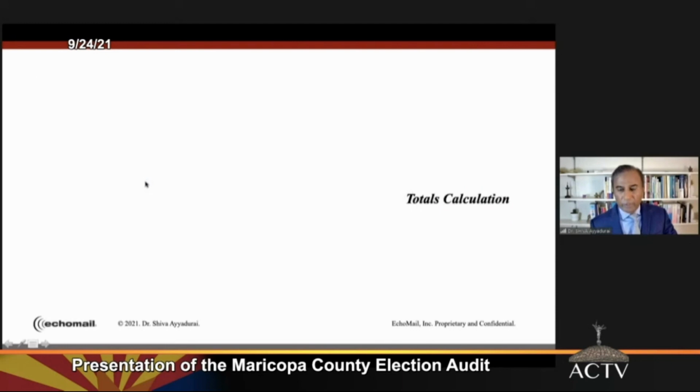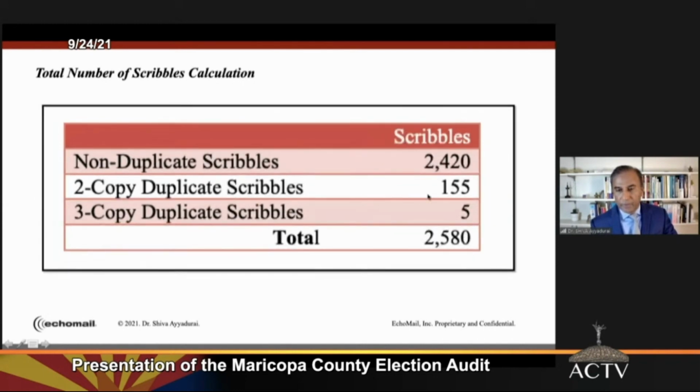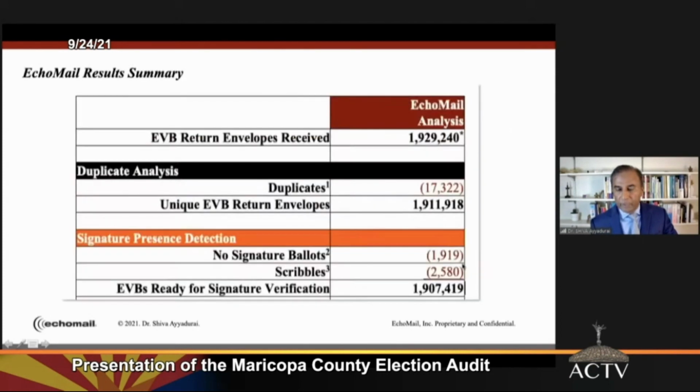So now we do the totals calculations. If you add the non-duplicate blanks, 1,872, 2-copy duplicate blanks, 45, and then 3-copy duplicate blanks, you get 1,919. Similarly, if we do the scribbles, 2,420 for the non-duplicates, 155 for the 2-copy, 5 for the 3-copy, we get 2,580. So our net results state that we received 1,929,240.